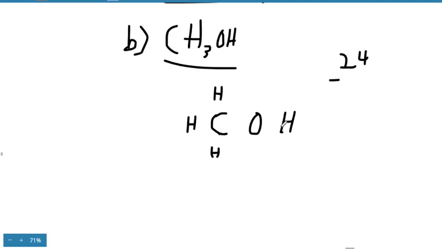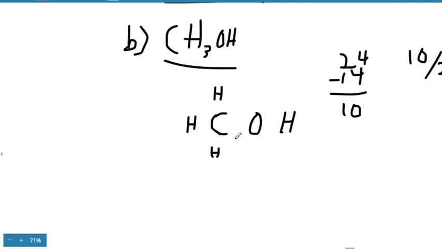Then we subtract the has. So it's 1 per hydrogen. So that's 4. And then oxygen has 6. 4 plus 6 is 10. And then carbon has 4. So 4 plus 10 is 14. That gives us 10 shared electrons. Then we divide this number by 2 to find the amount of bonds. There are 5 bonds.